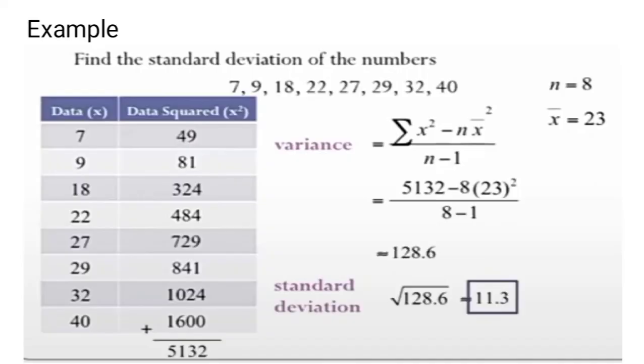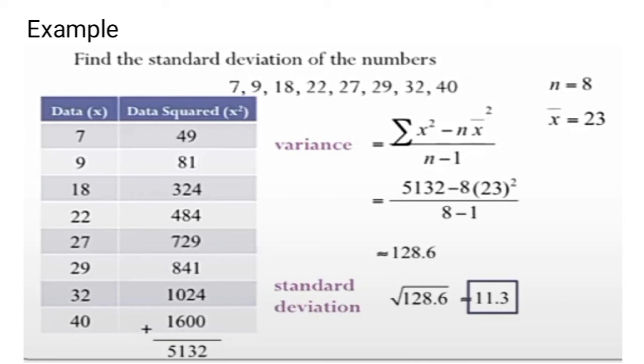Example: here is the data x: 7, 9, 18, 22, 27, 29, 32, 40, and the data squared. 7 squared is 49, 9 squared is 81, and so on. We add all the data squared, and we get 5,132. 5,132 is the sum. n is the number of data points, so n is 8.